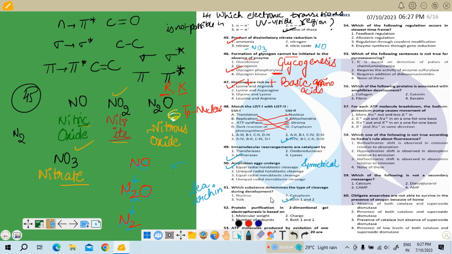Okay, then 52nd, protein purification in a two-dimensional gel electrophoresis is based on molecular weight, number of subunits, charge, both 1 and 2.